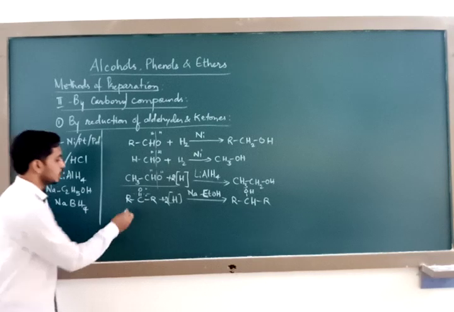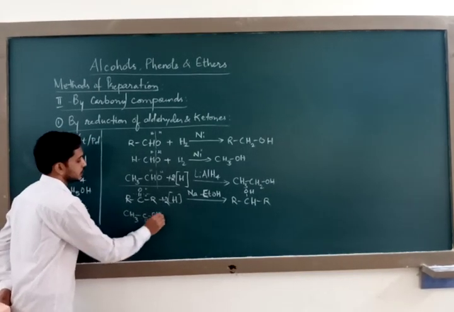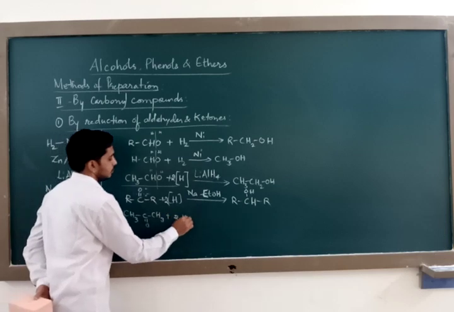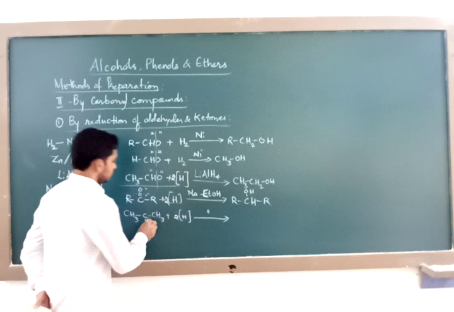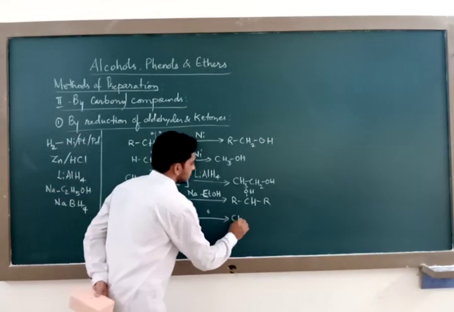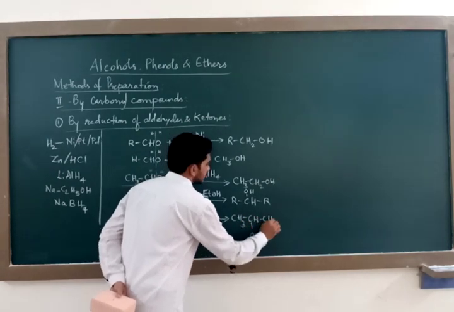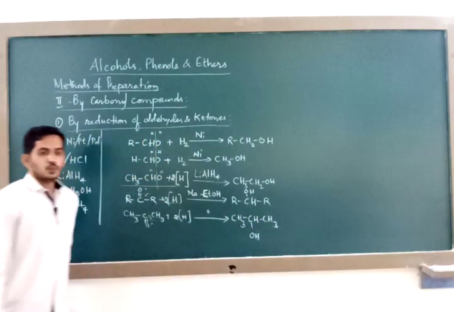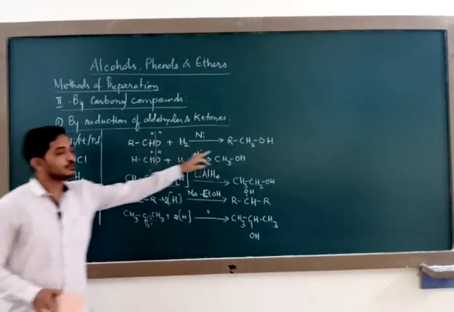Understood. The same you can try with another example, acetone, CH3 C double bond O CH3. When it is reduced using sodium in ethanol, you will have one hydrogen here, one hydrogen here. So CH3CHOHCH3. What did you observe in this reaction? If it was an aldehyde, it gave you an alcohol.